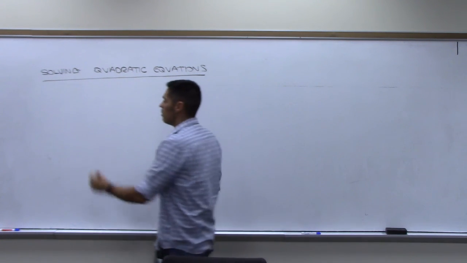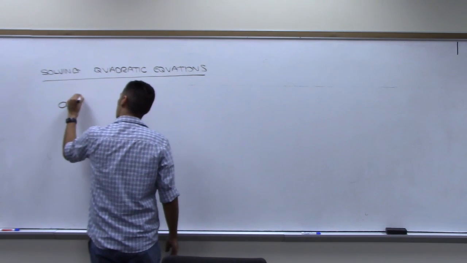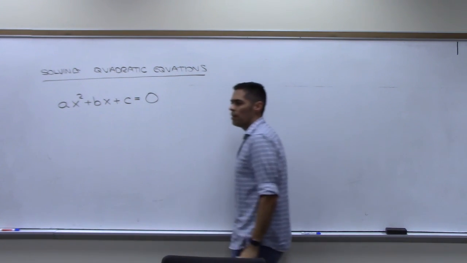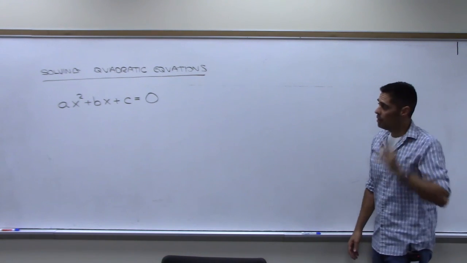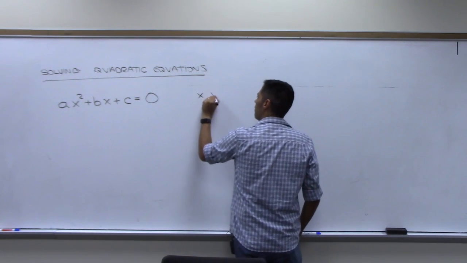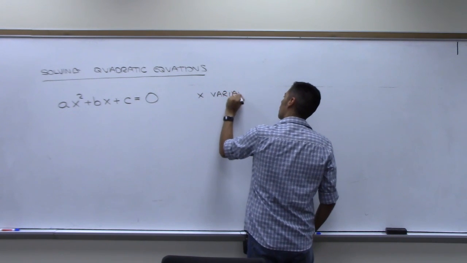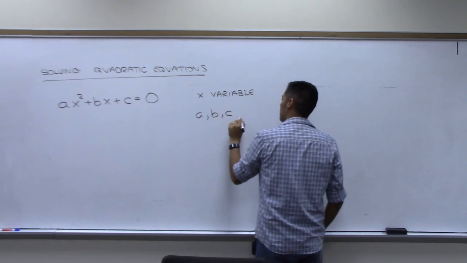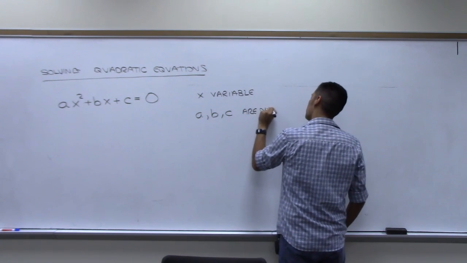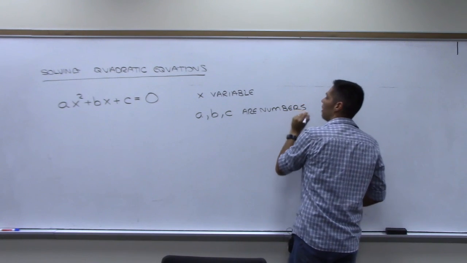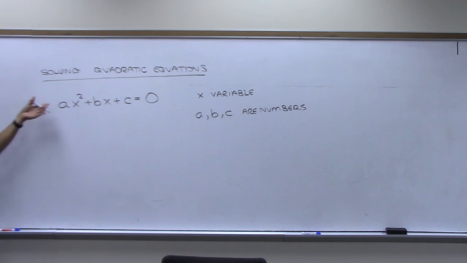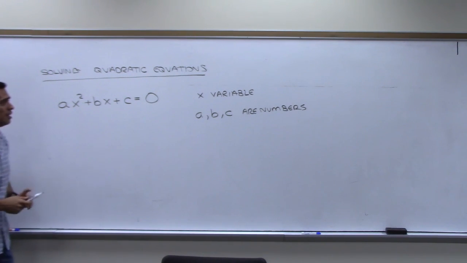All quadratic equations look like this: ax squared plus bx plus c equals 0. x here in the problem is the variable. A, b, and c are numbers. So if I put some numbers in for a, b, and c, then I'd be creating a quadratic equation. Right now, the way it appears, this is what we call a general quadratic equation. Nobody has told me what a, b, and c are yet, so I can't solve it.